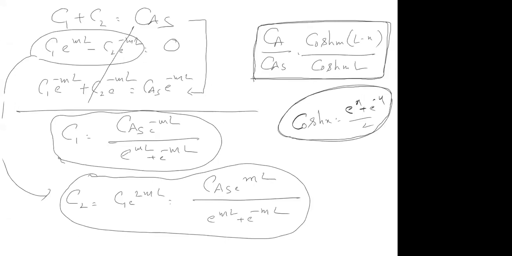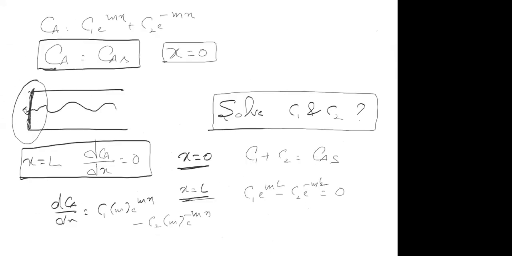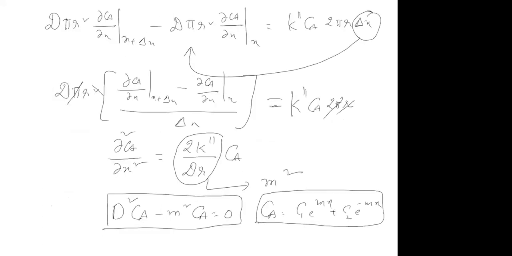I'll show all these slides slowly. This is what you get by solving C1 plus C2. Then this is what we have written. Did anybody understand why I wrote K double prime?